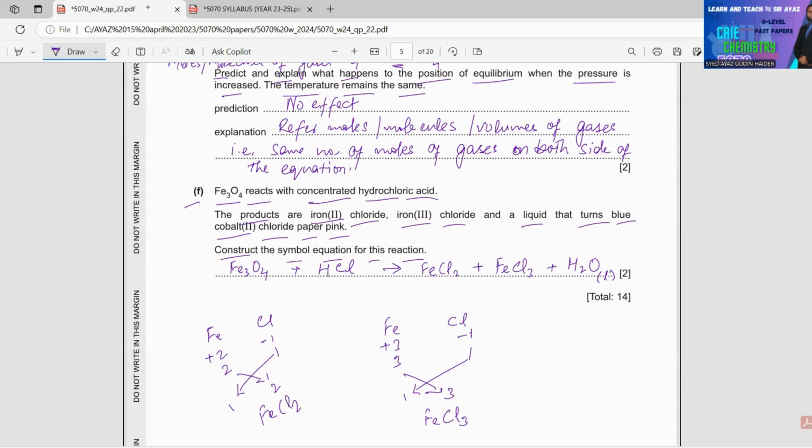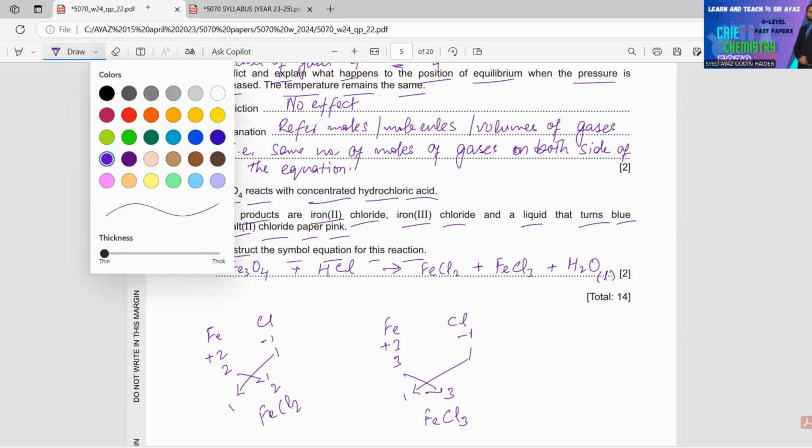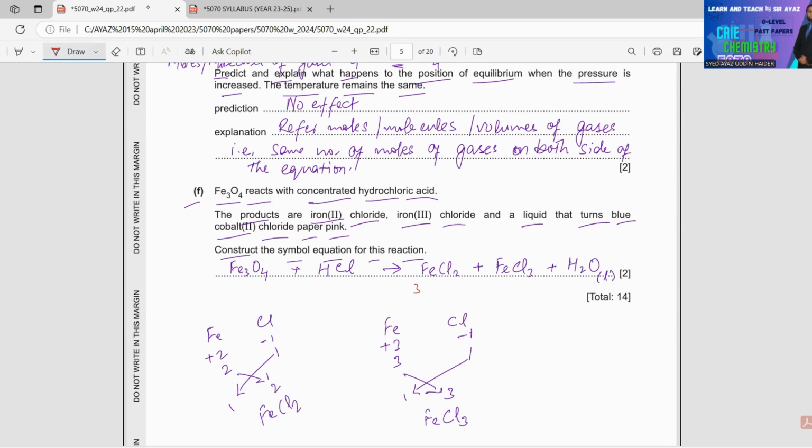Now if I place 3 before FeCl2, sorry, 2 before FeCl2, iron becomes balanced. But what about the chlorine? 2 2s are 4, 4 plus 3 is 7.